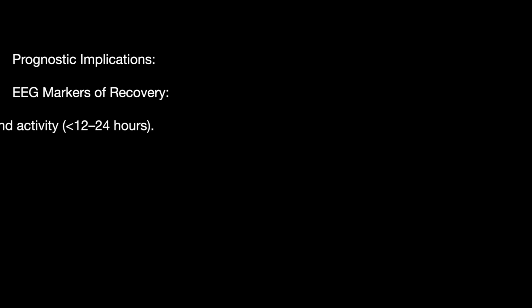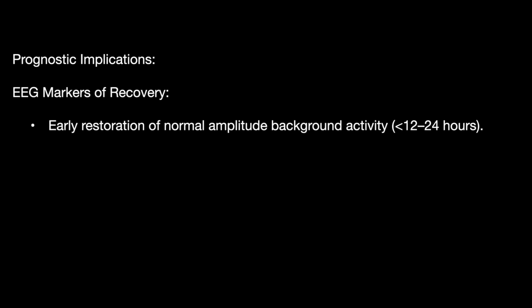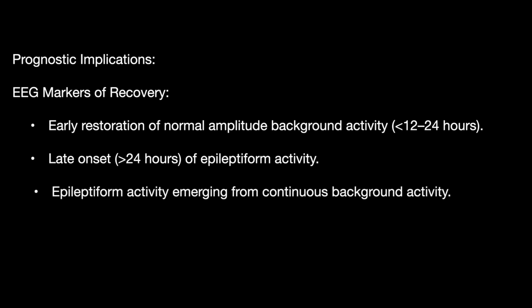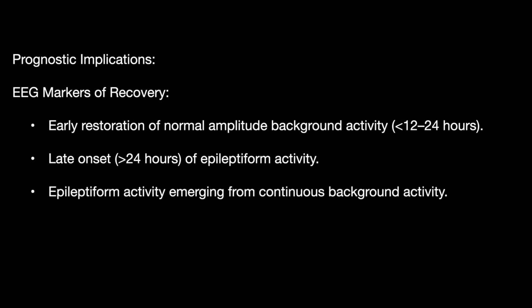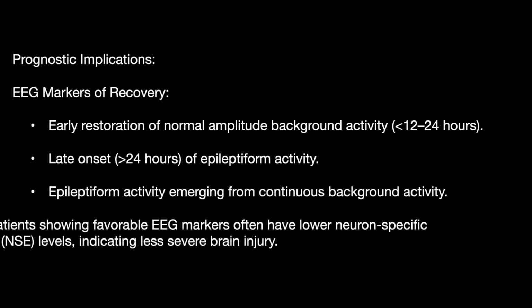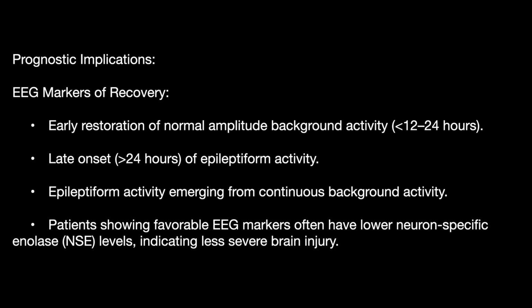Regarding the prognostic implications and the EEG markers, early restoration of normal amplitude background activity is associated with good outcomes. Late onset epileptiform activity emerging from continuous background activity, patients showing favorable markers often have low neuron specific enolase, indicating that there is less brain damage.